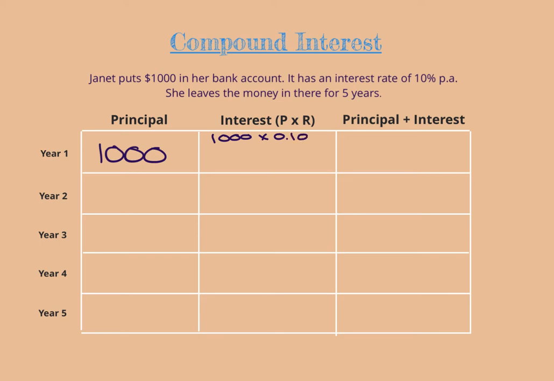So the interest that she earns is $100. Great. So then at the end of the first year, all up, she's got her $1,000 principal plus $100 of interest, so she's got $1,100 at the end of her first year.